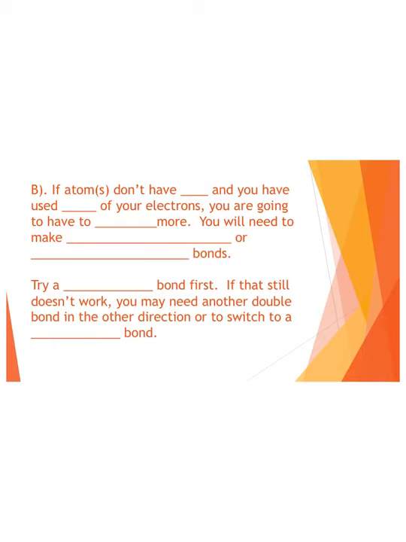Okay, the opposite thing that can happen, if some atoms don't have 8 and you haven't used all of your electrons yet, you're going to have to share more. Okay, so again, if you only have a couple dollars, a whole bunch of people would need to chip in to get pizza, whatever you're doing.